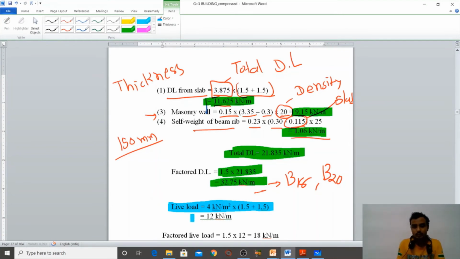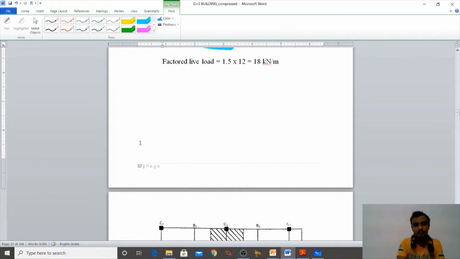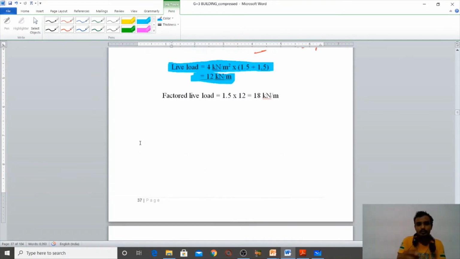So the total live load is 12 kilonewton per meter, which is transferred from the slab to the beam. Then we need the factored live load: 1.5 into 12 is equal to 18 kilonewton per meter. Understood?